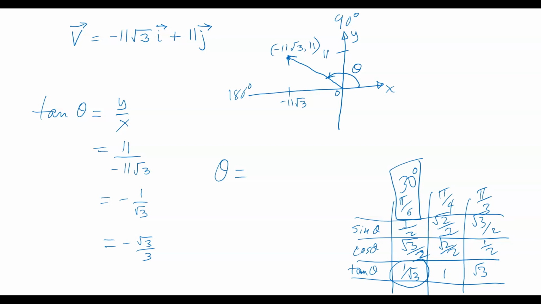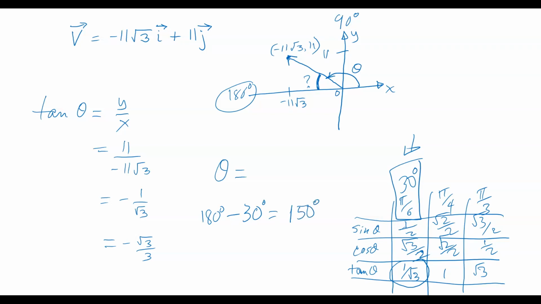And to figure out the angle that we need, we can use this distance here and figure out what this is equal to. To find that angle, you take 180 degrees, this value right here, minus our reference angle, which is 30 degrees, and that gives us 150 degrees.